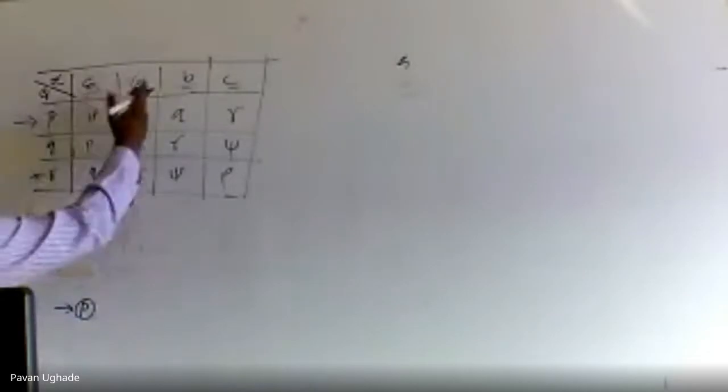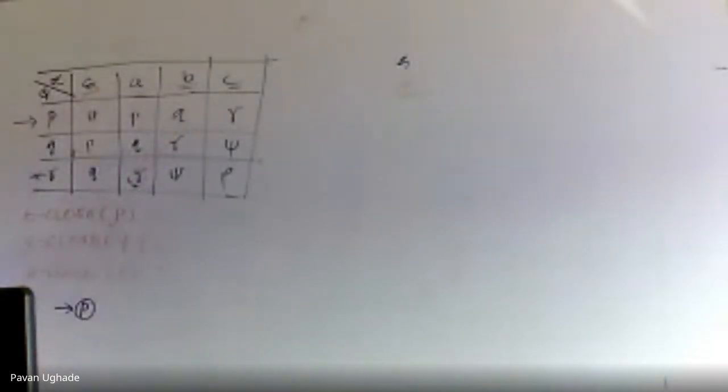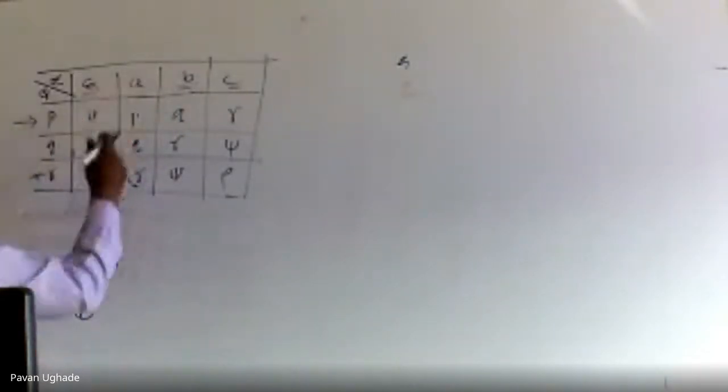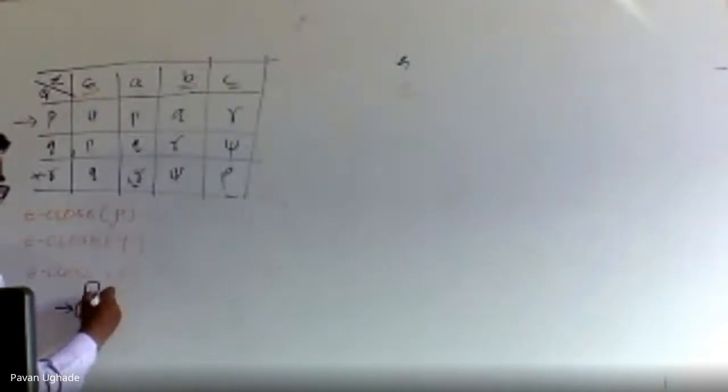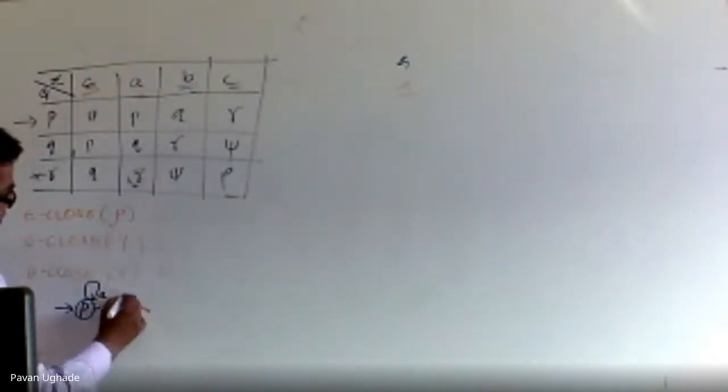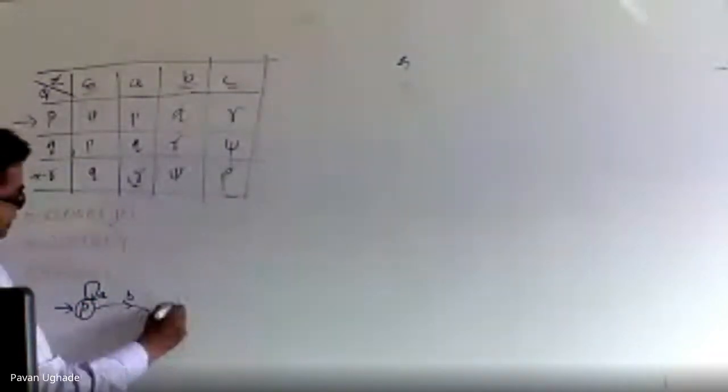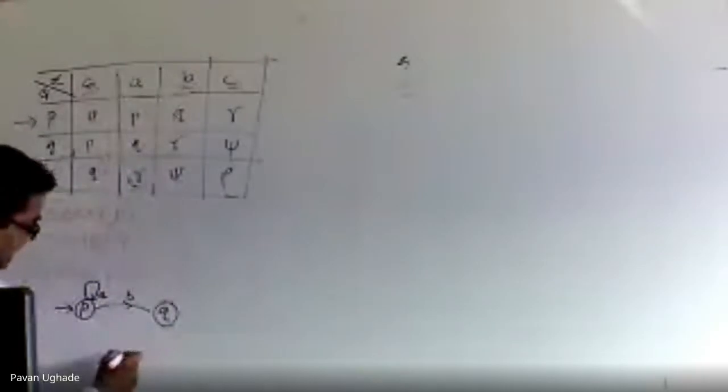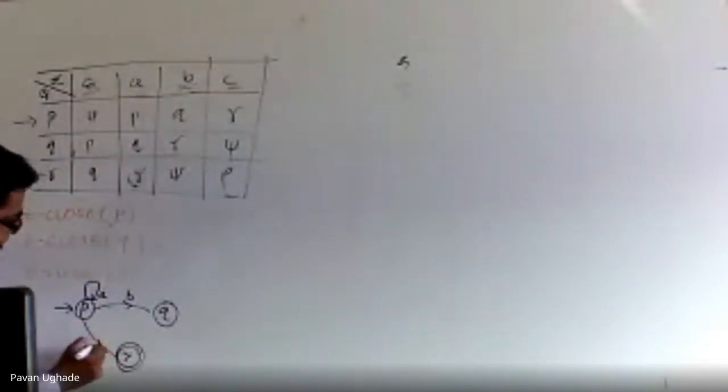I'll give the transition of epsilon later. First, I'll give the transitions over the actual alphabets. So P over A goes to P itself. P over B goes to Q. And P over C goes to R, which is my final state over here.